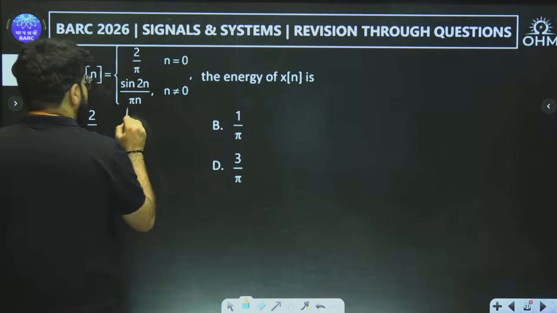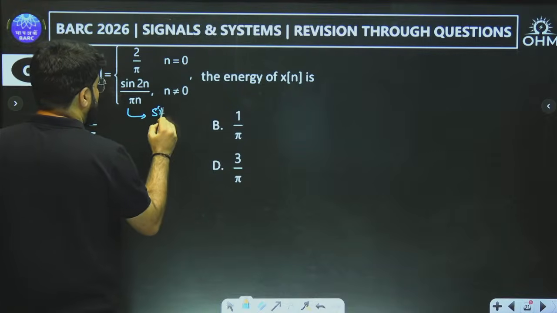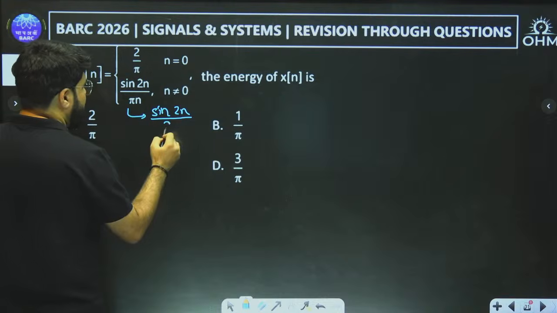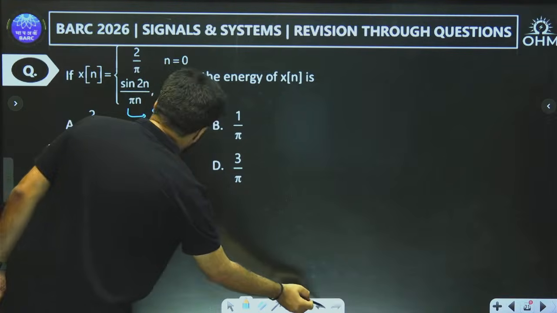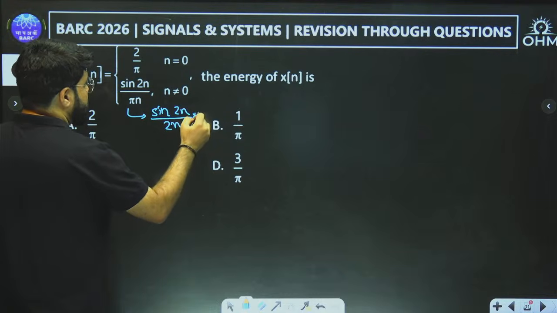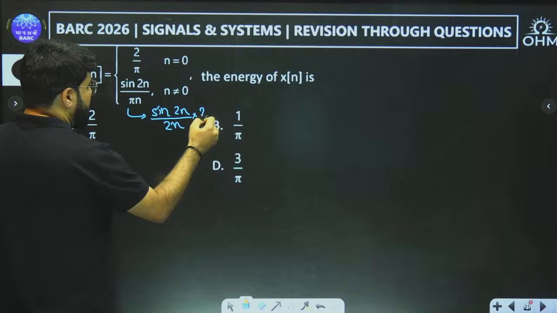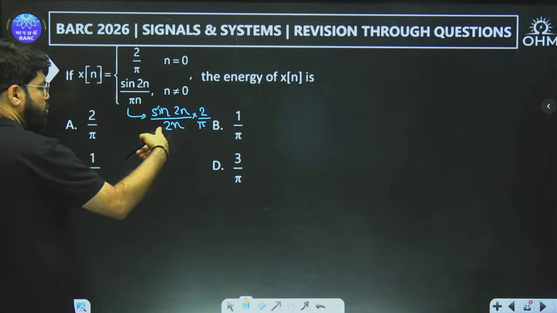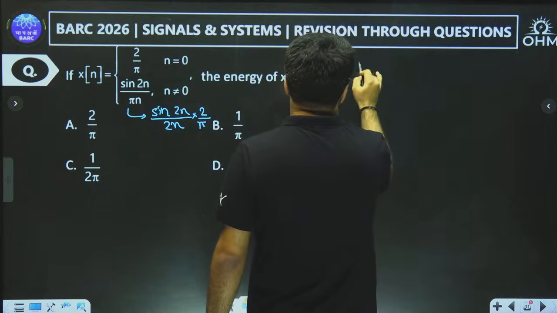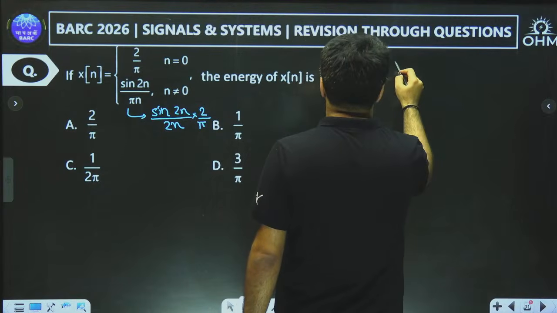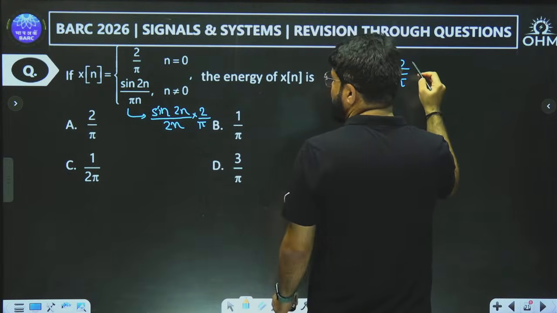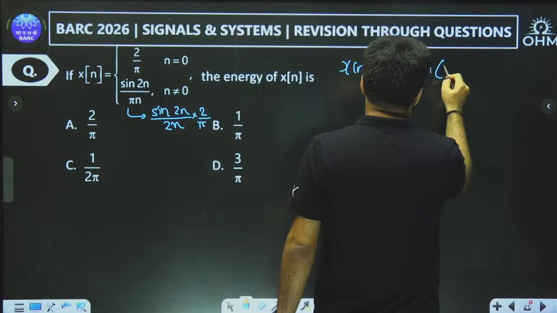Okay, let's simplify this. If I put 2n in the denominator, it will be written as sampling. It will become easy to write it in the form of sampling. But what is there in the denominator? Pi. There is no 2, so I multiply by 2 and separate pi. So 2 will cancel, it will be pi n only. That means my given signal x[n] can be written as 2 upon pi, sine 2n by 2n, which is sampling 2n.